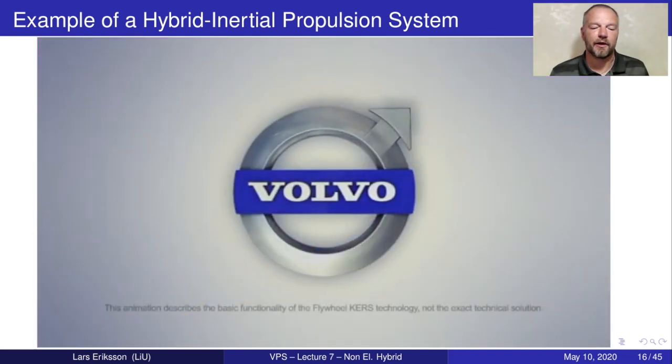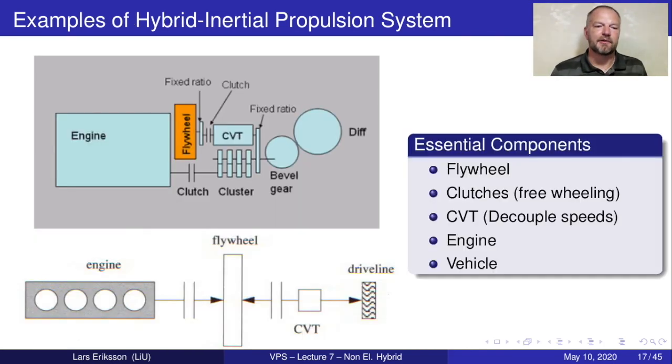Some example components in hybrid inertial propulsion system is that we have an engine, we have the flywheel, then we have the gearbox, and we have a continuously variable transmission that allows this decoupling. As you saw from the video, we had a certain rotational speed of the wheels, but the flywheel had to rev up to store the energy.